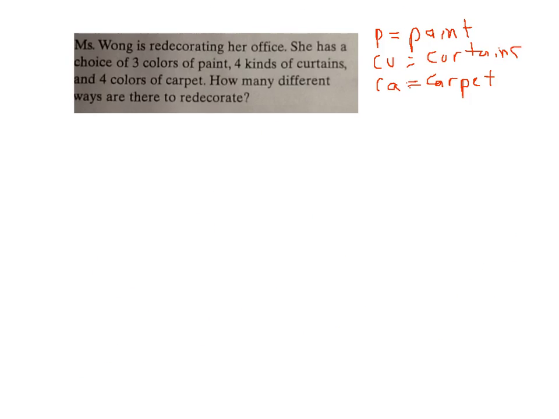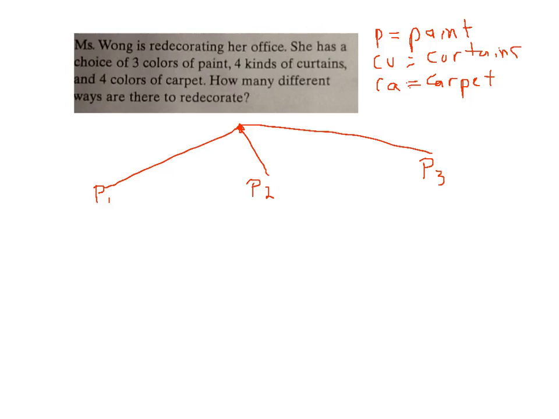Alright, so for this one we have Miss Wong is redecorating her office. She has a choice of 3 colors of paint, 4 kinds of curtains, and 4 kinds of carpet. How many different ways are there to redecorate? So I'm going to start with the first branch. We've got 3 colors of paint. And I'm going to let this be paint 1, paint 2, paint 3.